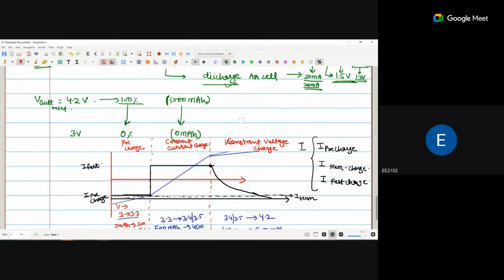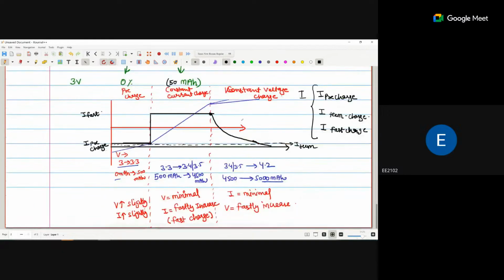One more thing is that current will never be zero. It is a minimum of 50 milliampere or 40 milliampere.